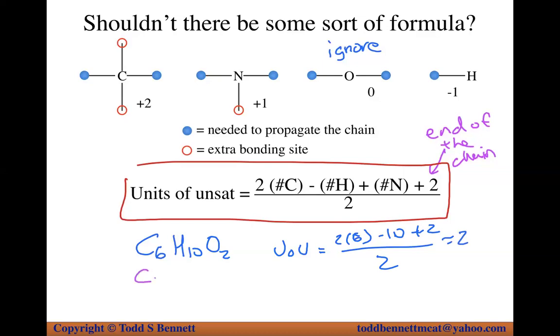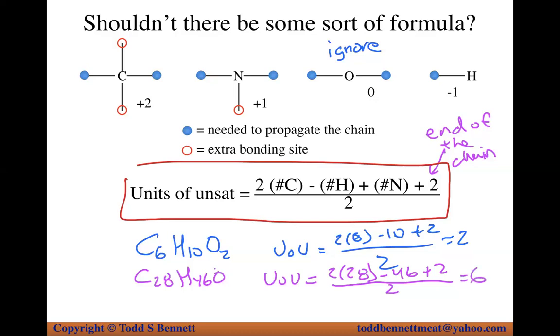If I had C28H46O, the unsaturation would equal 2 times 28, 56, minus 46 plus 2. So 56 minus 46 is 10, plus 2 is 12, divided by 2, 6, just like the example we just did. So you can get it from the formula pretty quickly.